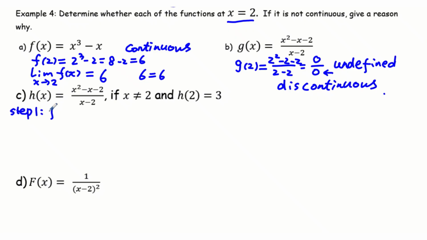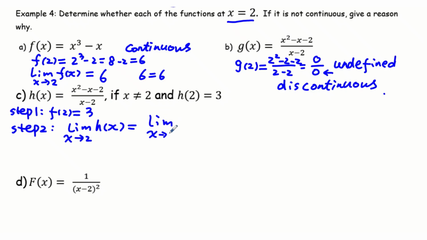is defined. And step 2, we are going to find the limit. So limiting value when x approaches 2, h at x equals what? The denominator is 0, so we want to find if we could factor the numerator with this factor.